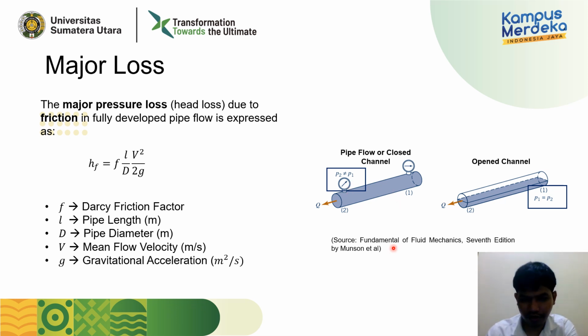It is different from an open channel, like a river, where pressure 1 will be equal to pressure 2, which in this case is atmospheric pressure. That's why this equation can be used in pipe flow or closed channels.